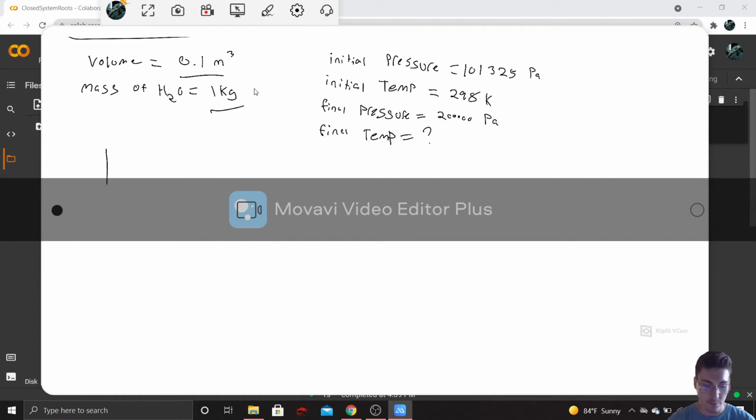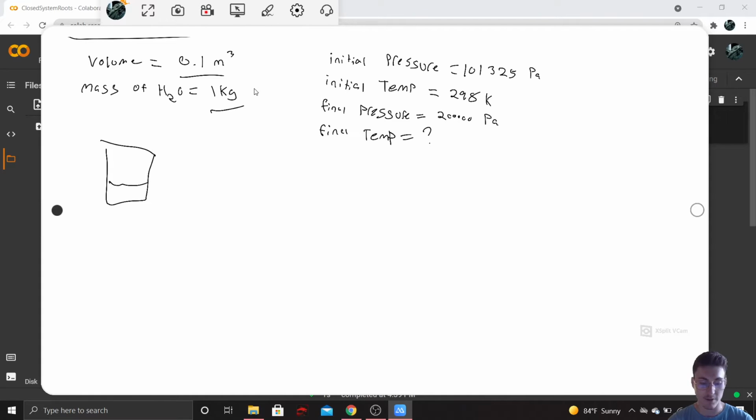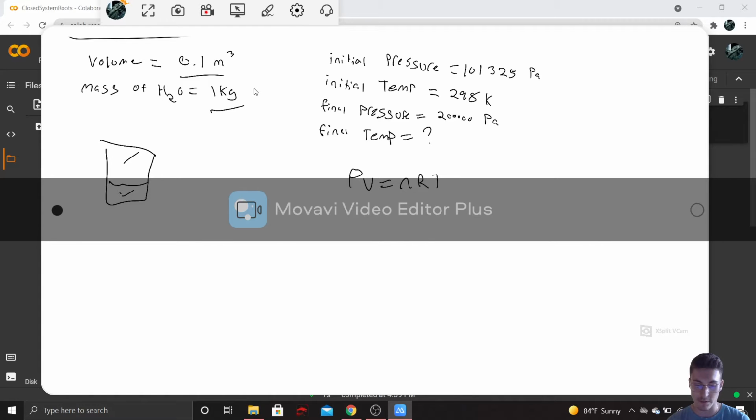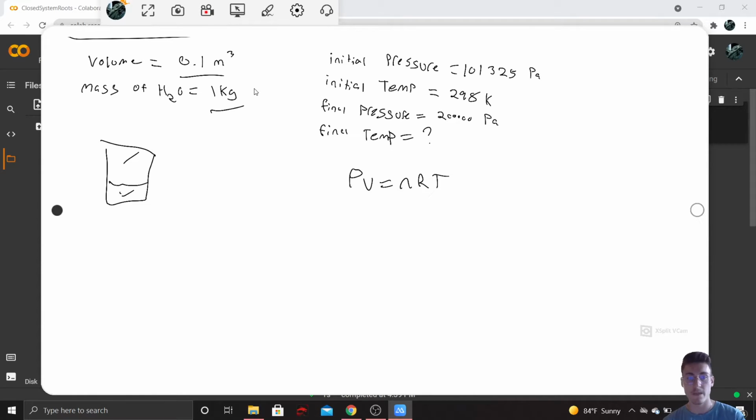So, since we have the closed system right here, the water's down there and the air's up there. So we can apply the ideal gas law, PV equals nRT, where R is the gas constant, 8.314 joules per mole Kelvin.